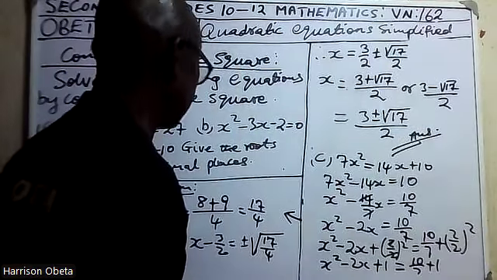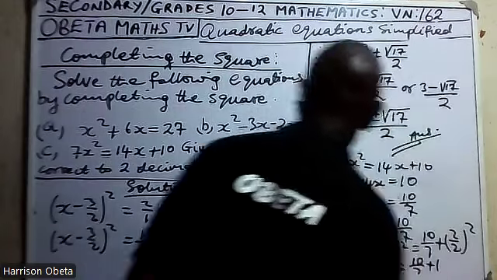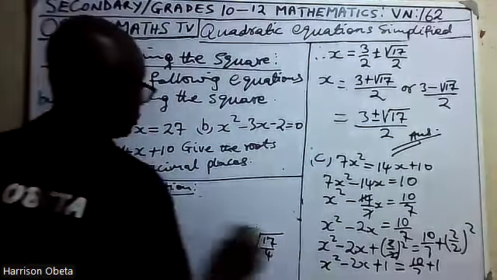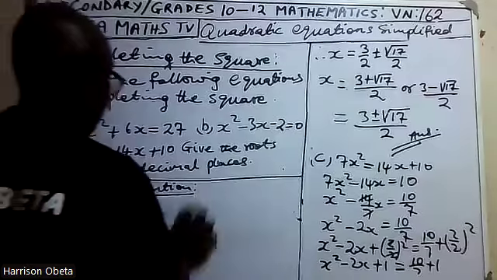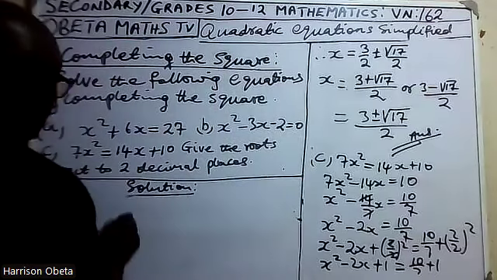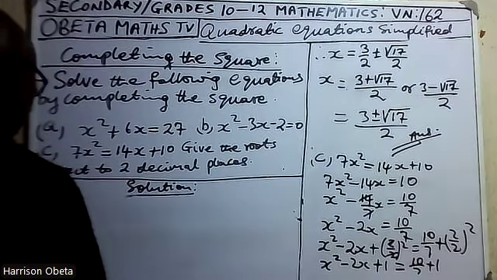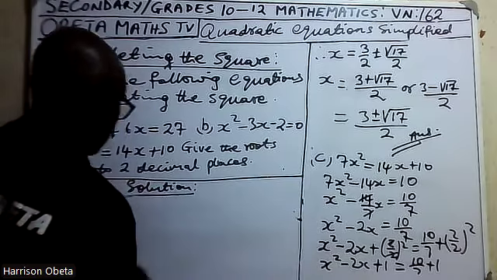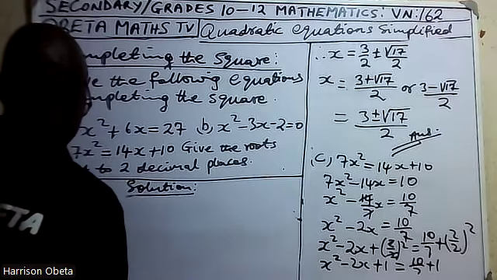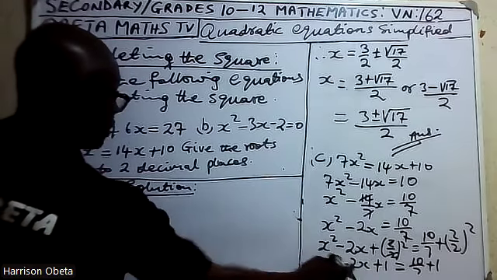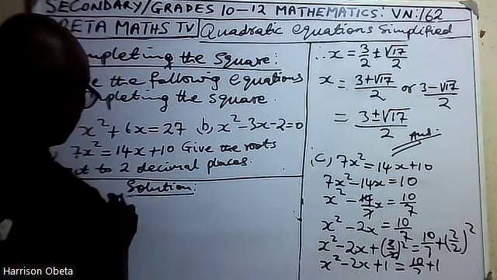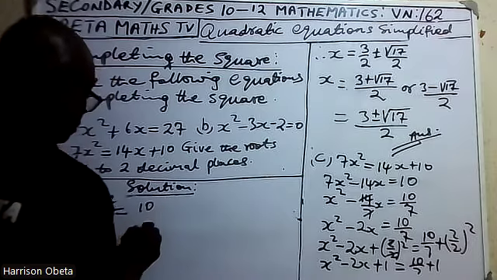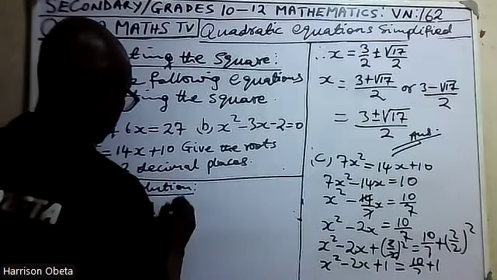So in that case, again, we come back to this place, and then to continue, we factorize this, and that will be x minus 1 squared is equal to, the LCM is 7, 10 over 7 plus 1.